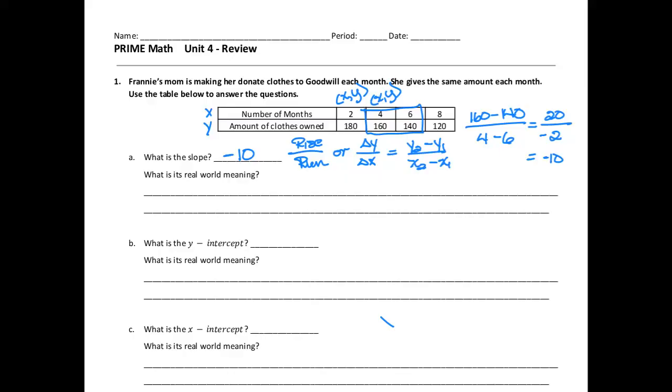Okay, well, it means that Franny's mom, I guess we could say Franny, is donating, and donating gives the negative connotation, so that's why it's a negative 10, donating 10 pieces of clothing each month.